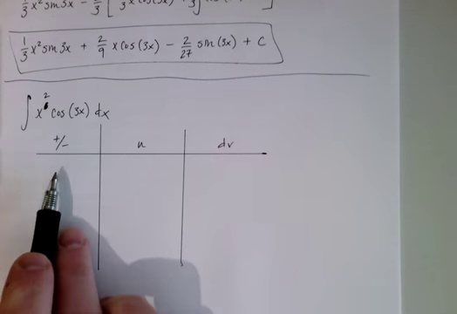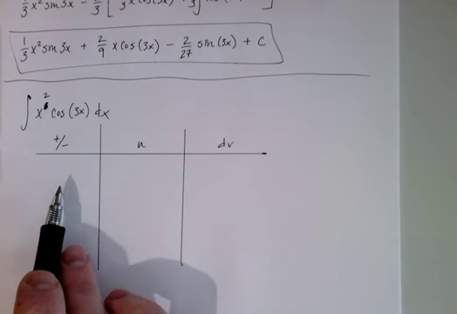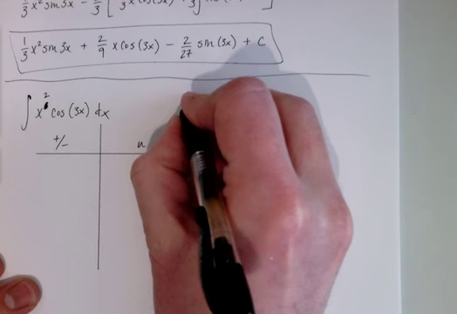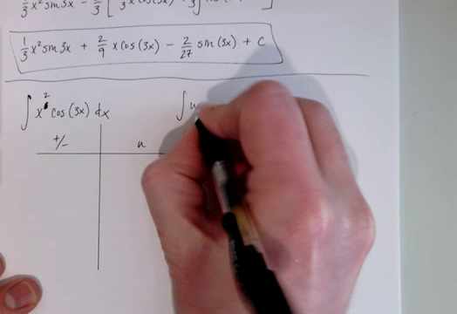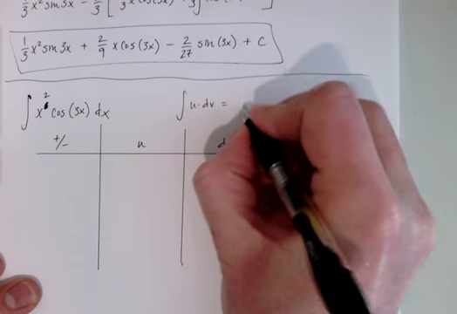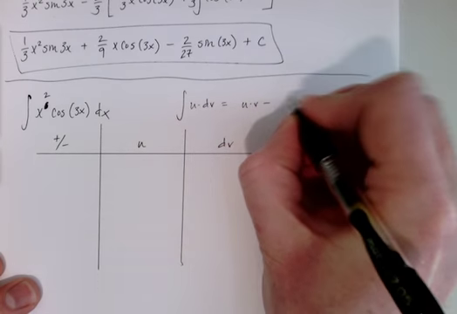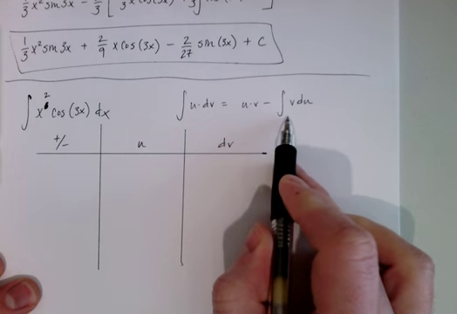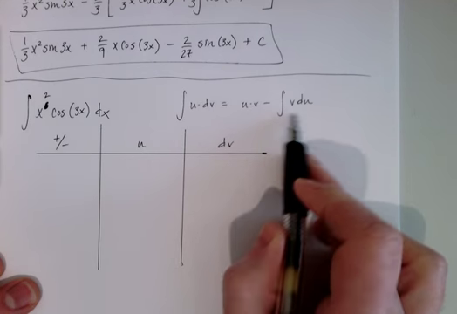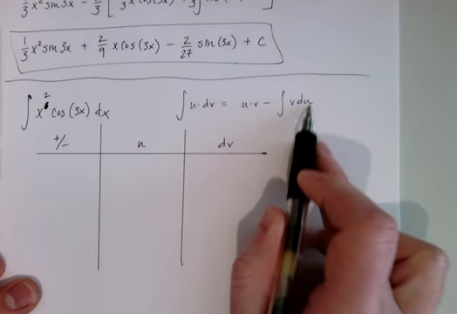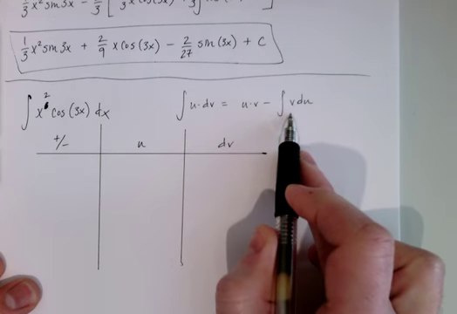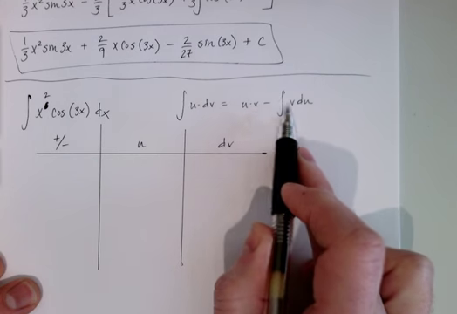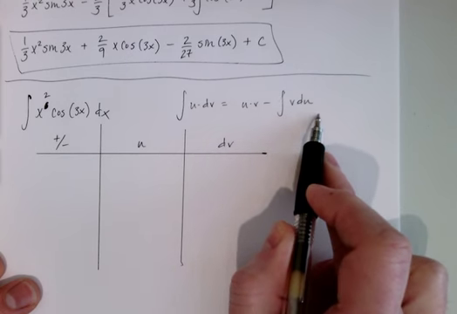Now, why do we have a column for signs? Well, you've got to remember that the formula is the integral of u times dv is equal to u times v minus the integral of v du. This is a difference. Well, if this one then needs to be done in terms of parts as well, you're going to have to distribute a negative across another difference.